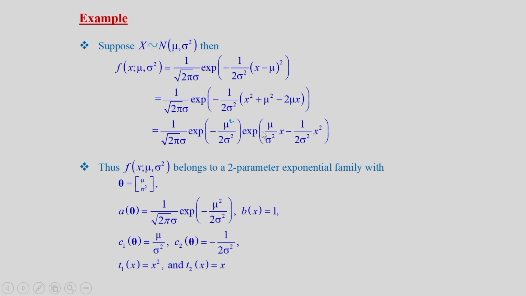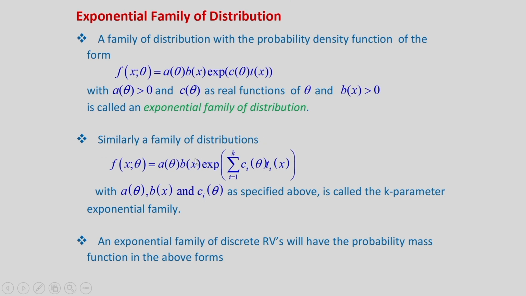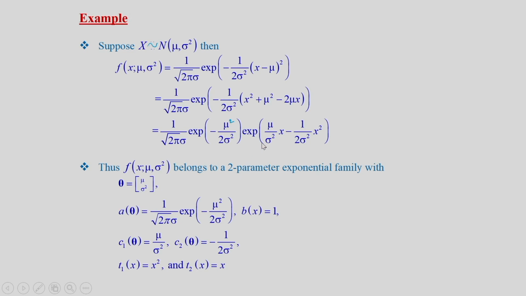Now, we can compare this expression with this distribution, and there should be an a(theta) term, a b(x) term, and then the exponential term in the summation form. There we see that there is a sum of two quantities here, and this is the a(theta) term, that is, it is a function of mu and sigma square, and b(x) will be equal to 1, and the exponential term is the summation of these two quantities.